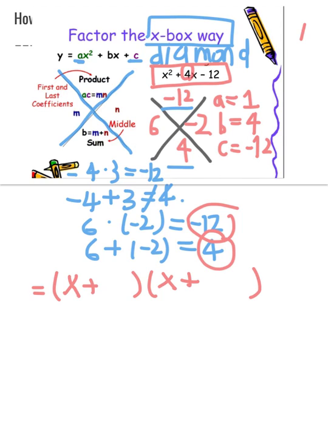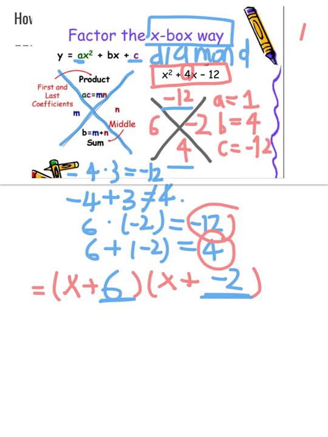So we have an x plus kind of term, and what we have just found out is the value that we'll be putting here. So we found that's 6 and that's -2. So we have successfully factored the quadratic equation into factor form.